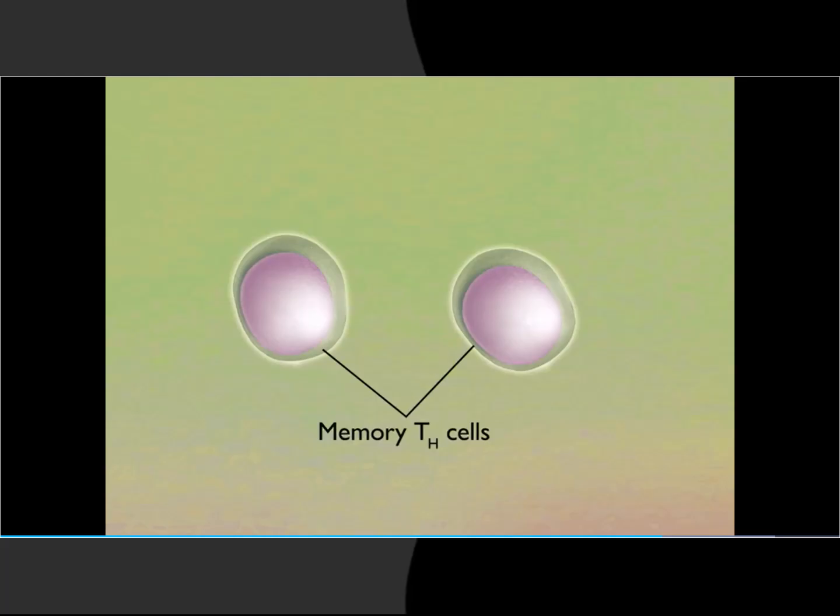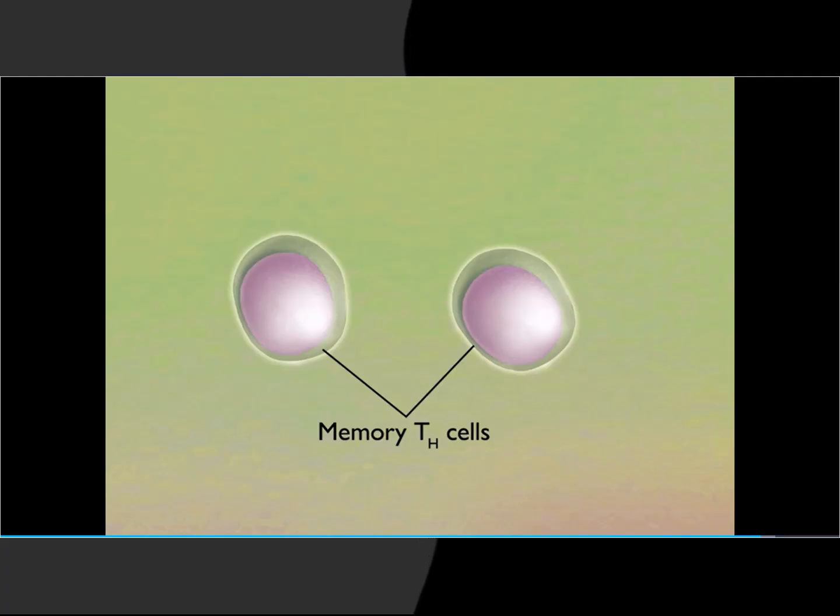Finally, some of the activated helper T cells differentiate into memory T cells to become part of our immunological memory. If we encounter the same antigen in the future, these memory helper T cells mount a quick and efficient response, so we rarely experience any symptoms.